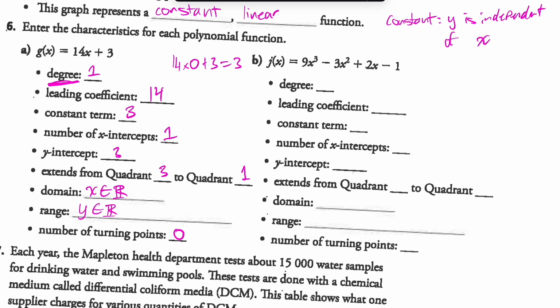Alright, next part. The function of j. Okay, this can complicate things a bit for some of them. I don't know what your syllabus entails, so I don't know how deep to go into it. But we'll go with what we know. So the degree is the highest power. So we have 3, 2, 1, and 0. And so x to the power of 3 is going to be our highest exponent, so our degree is 3. The leading coefficient is the one attached to our highest exponent, so it's 9.